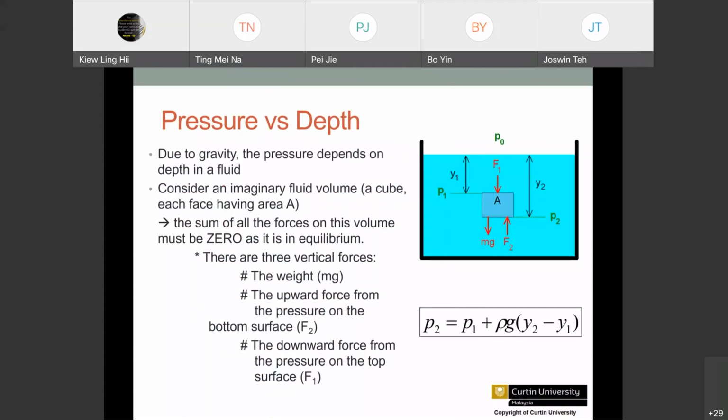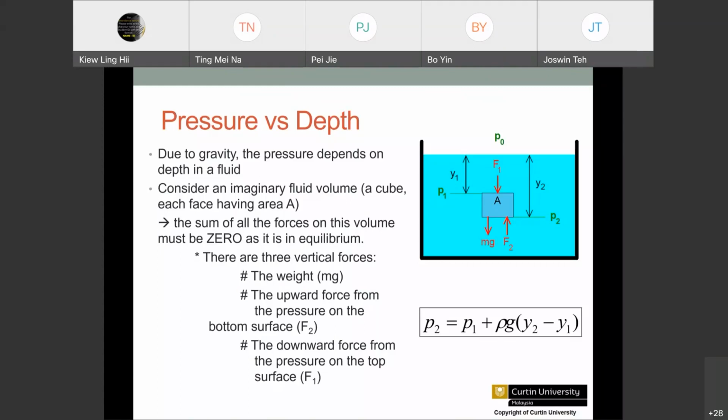Air is also a fluid, so there will be a pressure difference with different heights, but it takes a really huge difference in height before you can feel it, when you go to a very tall place. So for this one, we will use water.